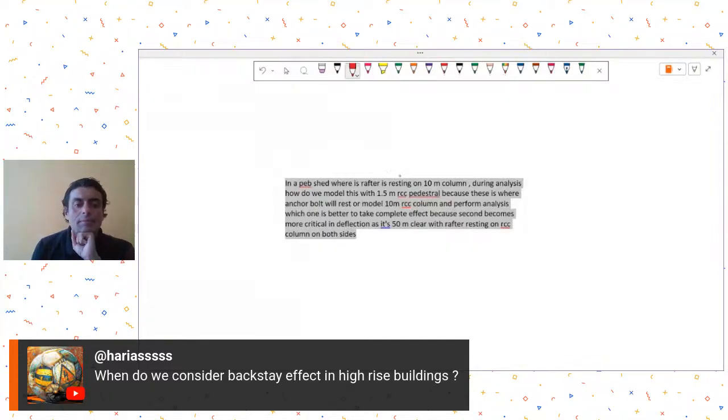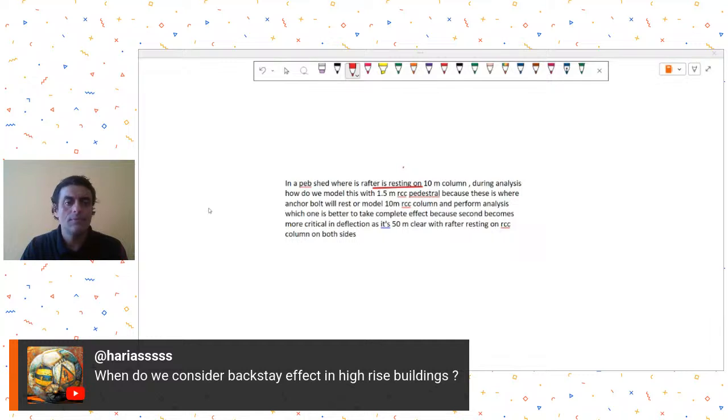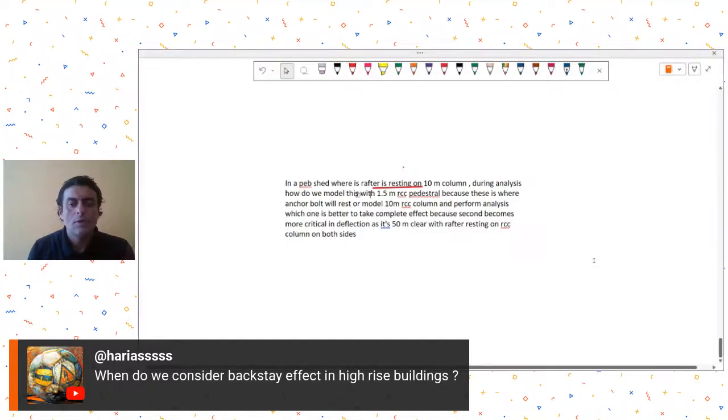He is asking, in a PEB shed where the rafter is resting, I think he means there is a rafter resting on a 10-meter column.